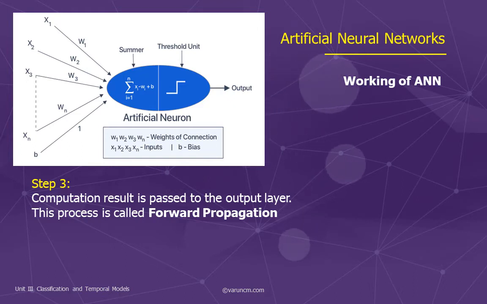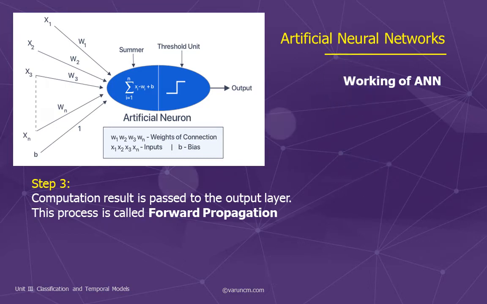This is the major objective of the output layer, and it is done in the third step. So from getting the input, processing the input, generating the output and displaying the output, this process is called forward propagation.